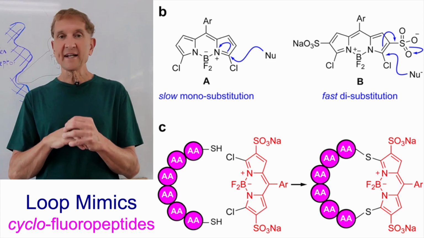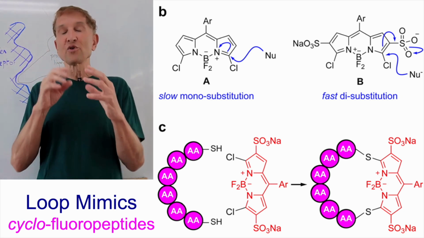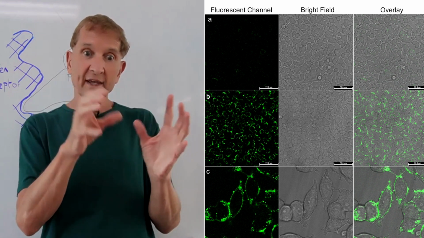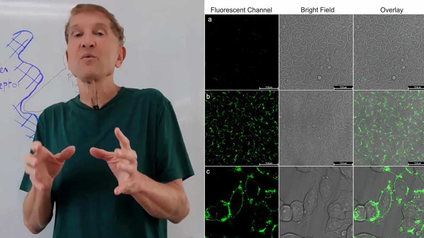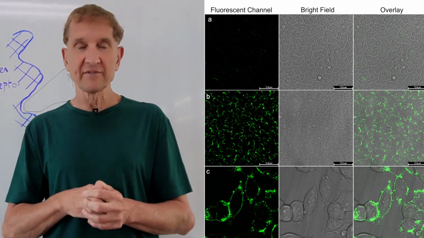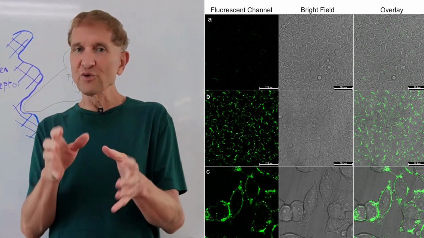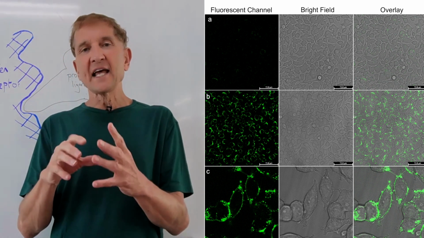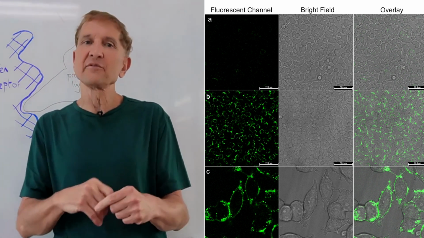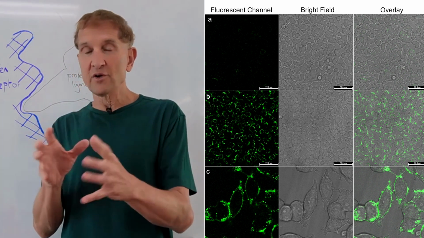So we can do that, and if the cyclofluoropeptides are imported inside the cell, we can track where they go as a function of time and which organelles they localize in. Another big advantage. So cyclofluoropeptides enable early stage assays for probe discovery and for therapeutics.